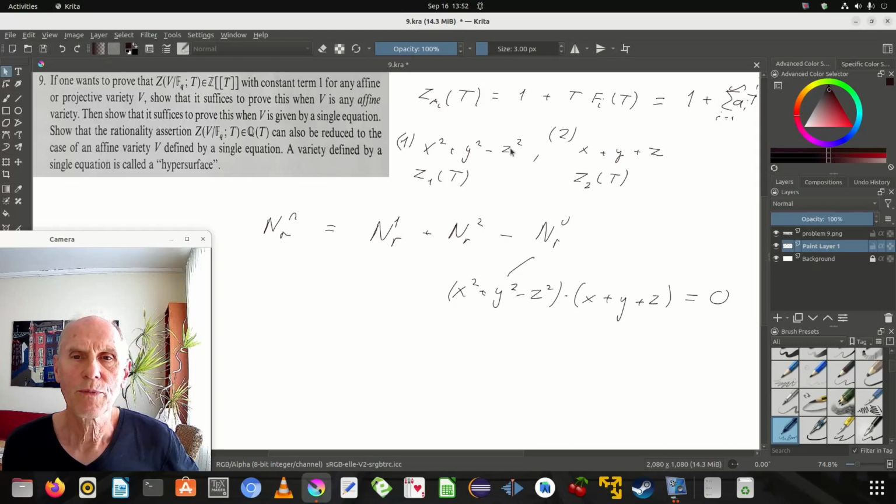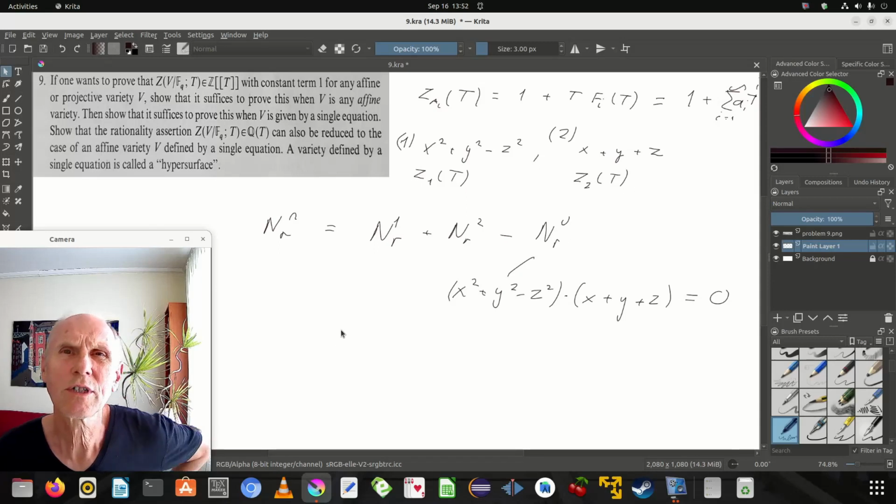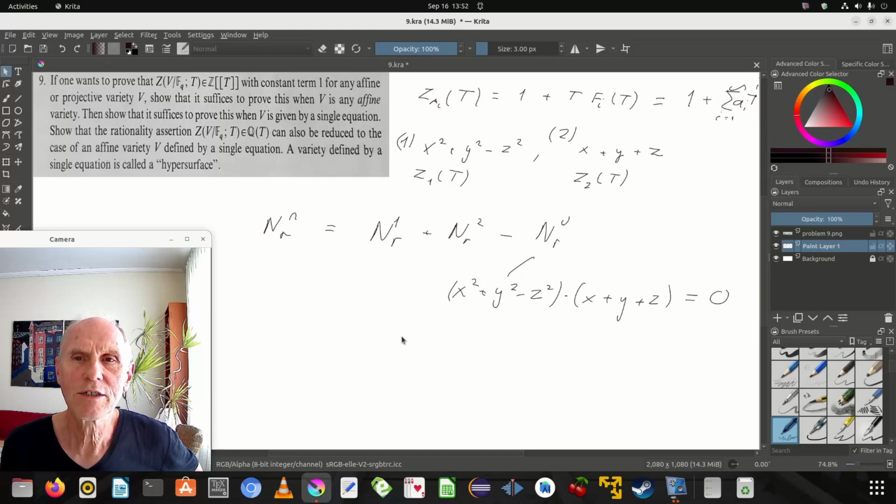And then next we take the curve at infinity, x squared plus y squared equals naught, and x plus y equals naught, and so on. So this way we write it as a disjoint union of affine varieties.